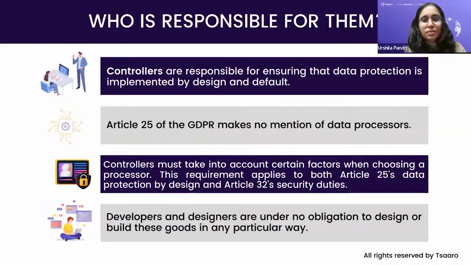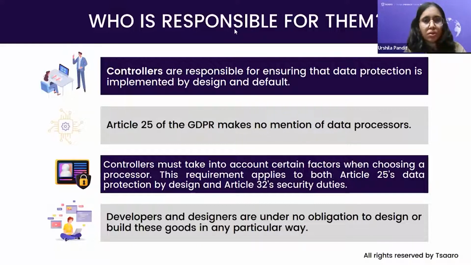And so that's just a very short brief of who a controller is. And so the GDPR specifies that it's the controller who's actually responsible for incorporating data protection by design and by default. They actually have to take into account certain factors while also choosing a processor. And this is linked to Article 28 of the GDPR, as well as Article 32 of the GDPR, which imposes security duties on the controller as well.